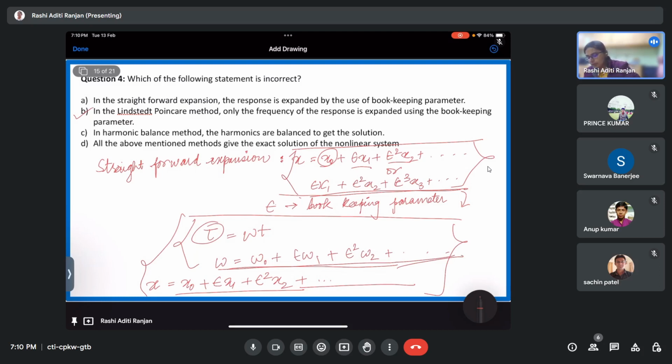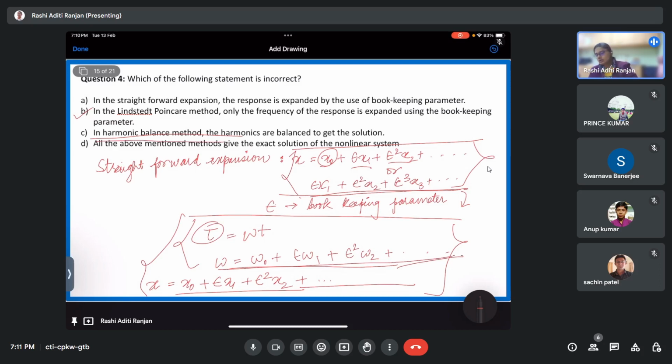Coming to the harmonic balance method, here we assume that the response of the system is periodic. Although you have seen, and I have also tried to make you understand through the simulation, that the response of a system could be quasi-periodic or chaotic as well. So how can we assume that the response of the system is always periodic? It may go into chaos, it can show quasi-periodicity. How would I know? But in the harmonic balance method, I assume that the response is periodic.